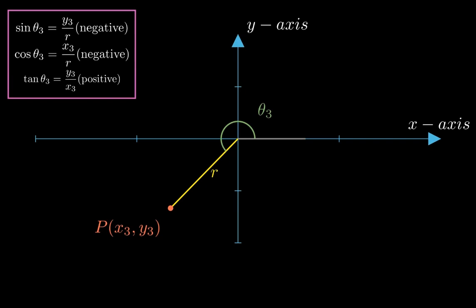R is positive, so negative over positive. The cosine is negative because x is negative. And the tangent is positive because tangent is y over x, and both of them are negative, so negative over negative will get us a positive. So the tangent of theta is positive in the third quadrant.